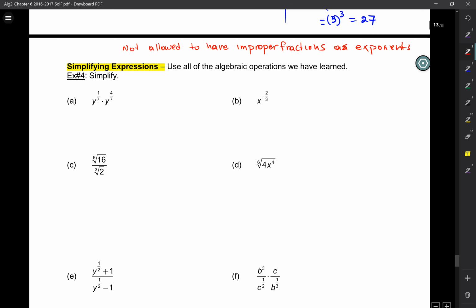Okay, we're not allowed to have improper fractions as exponents. All right. What we did here, like 7/4 in this one, that was just for simplifying, that was just for rewriting, right?